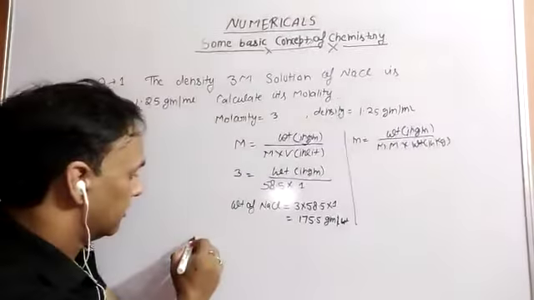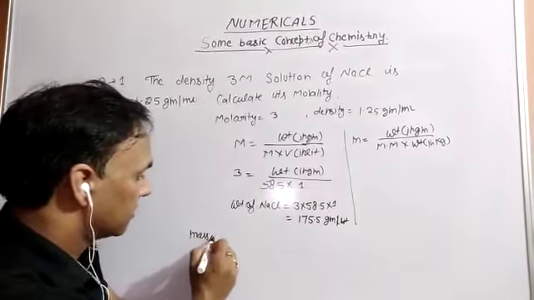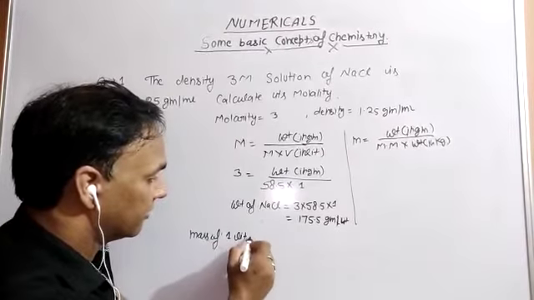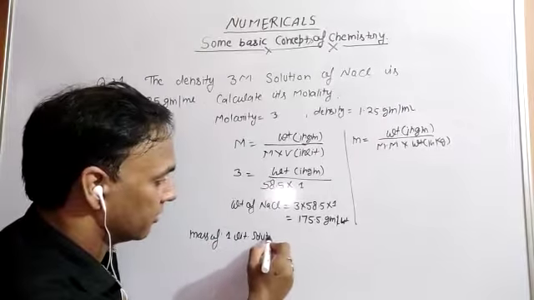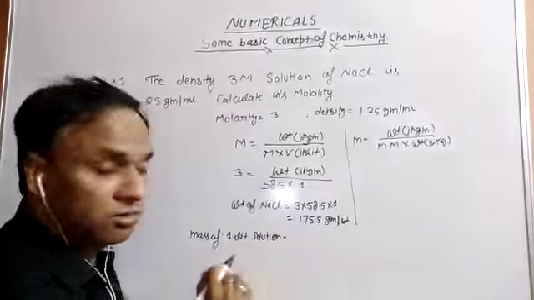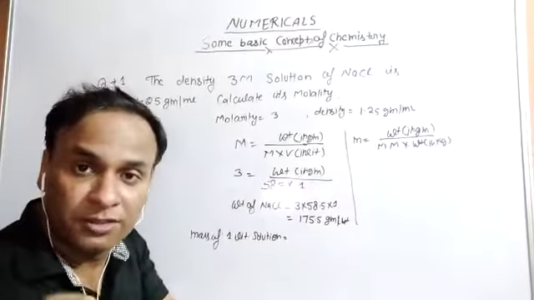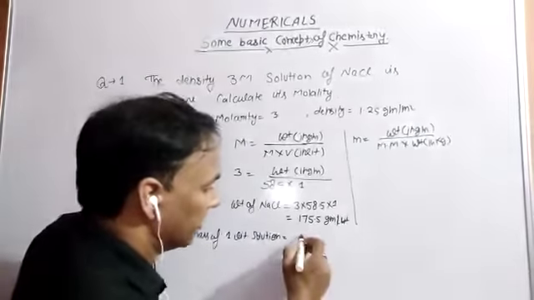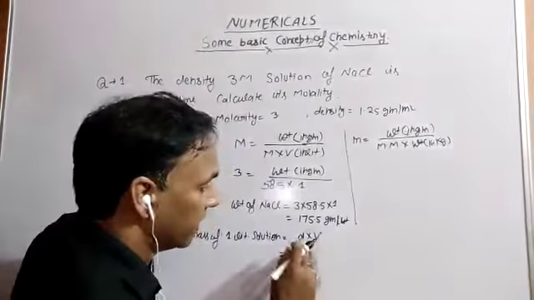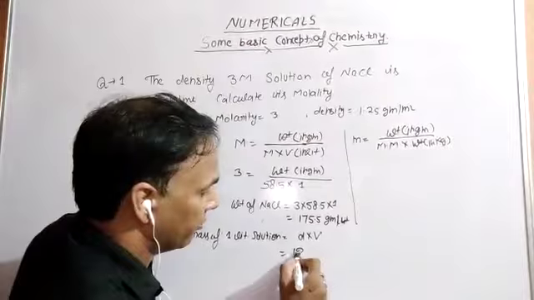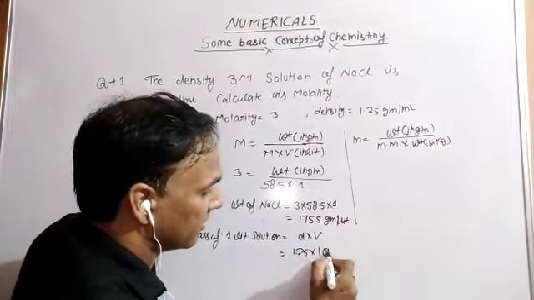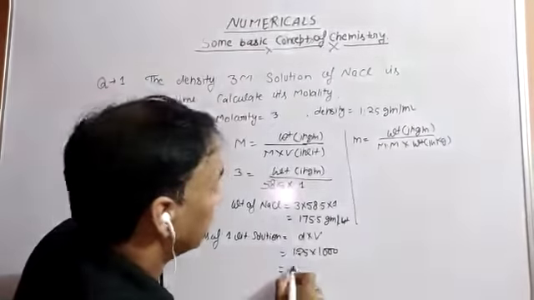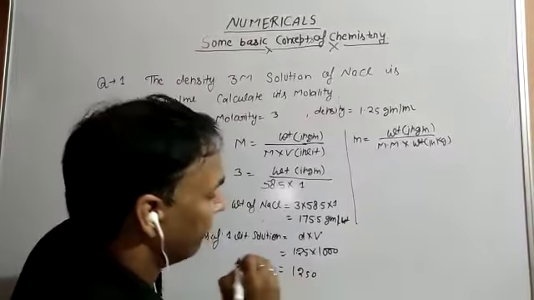Listen, the mass of 1 liter solution, that means density and mass. Mass is density into volume. Density is given as 1.25 gram and volume is 1000 ml. Clear? Now the mass is 1250.